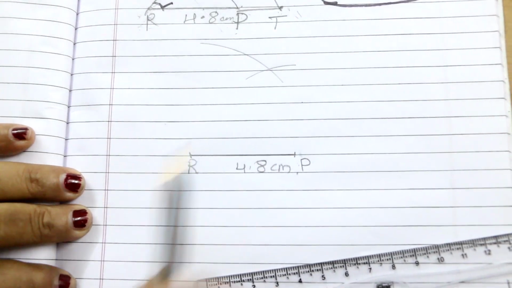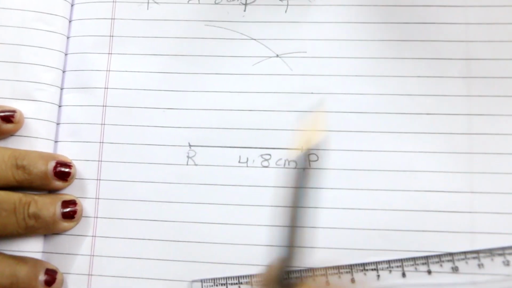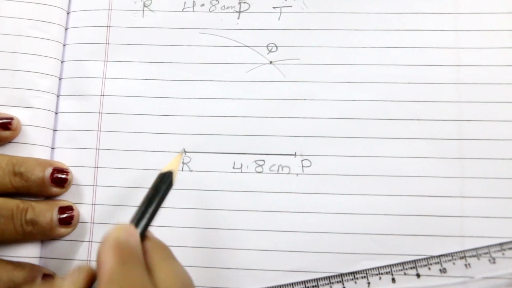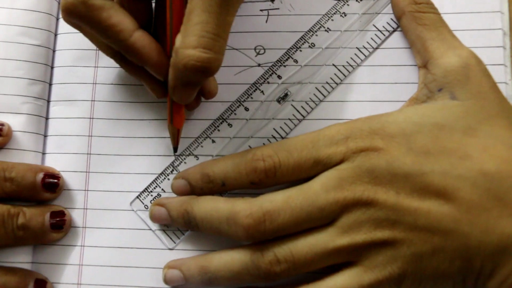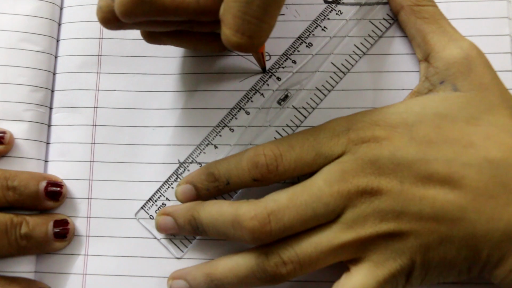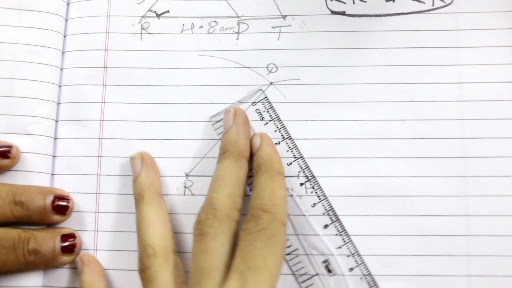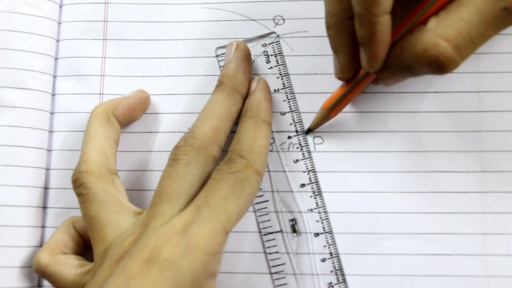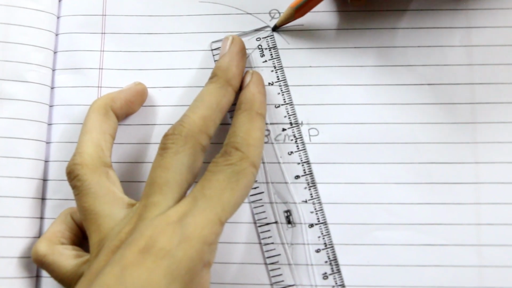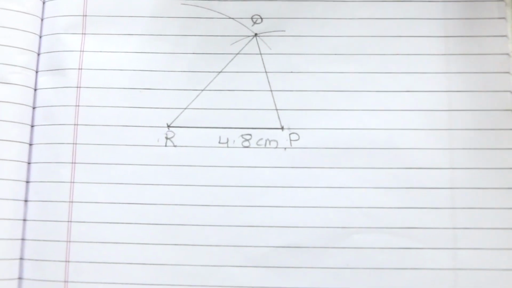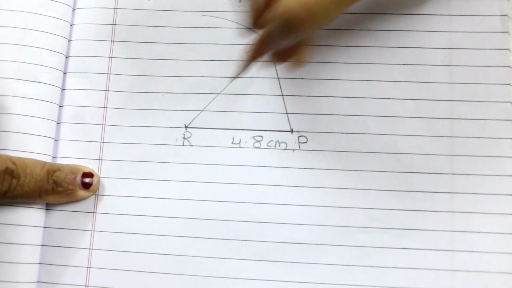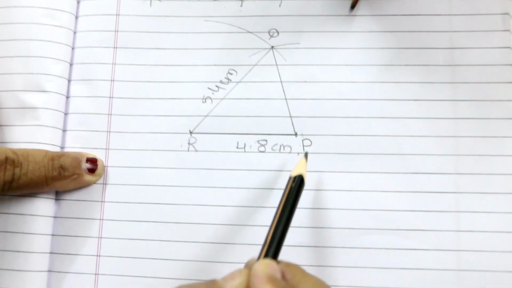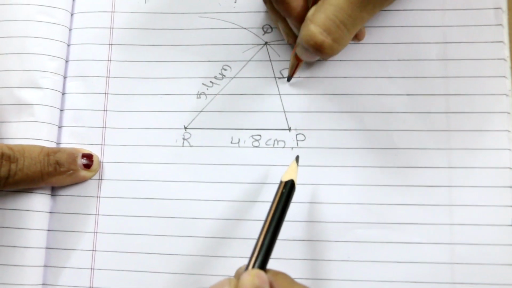This point will be your Q point. Join QR and QP with the help of scale. Children, when you are doing the construction, do it many times, at least 3 times for one construction, and you can pause the video and do the construction.